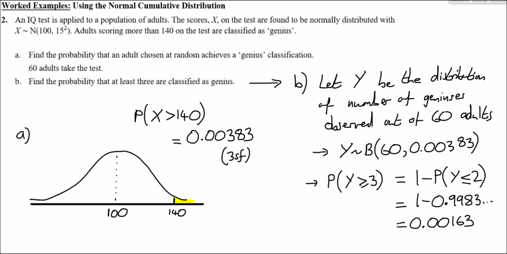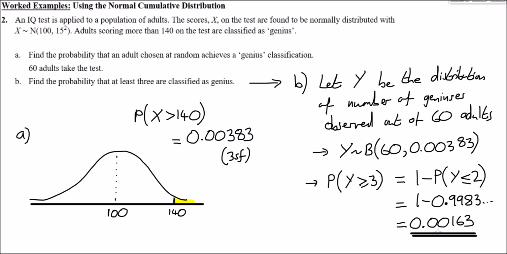That's a very small chance indeed of having 3 or more geniuses out of 60, which you'd expect. To get 1 genius out of 60 to be rare, 3 or more would be very rare. So this is about a 1 in 1,000 chance, which I think is fairly expected.